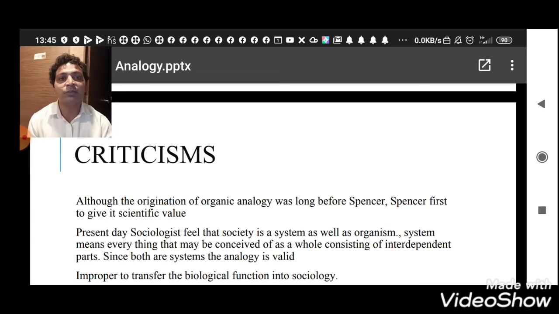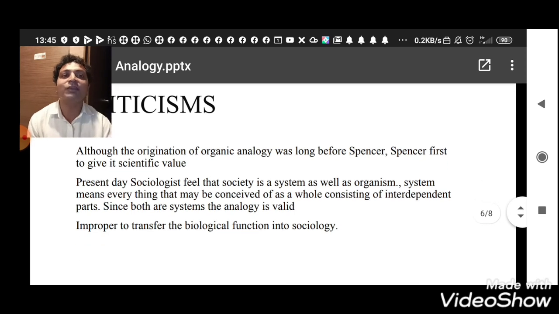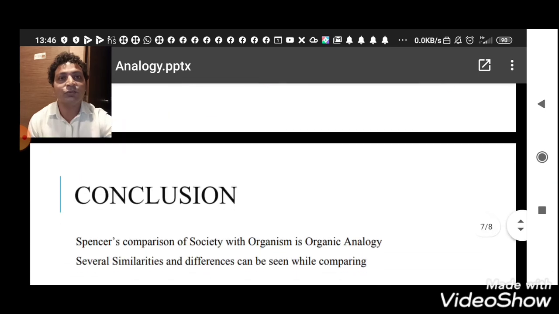Since both are systems, the analogy is valid, but at the same point of time, it is improper to transfer the biological function into sociology. So this is the greater criticism that is coming through, that you can't transfer the different functions that Spencer speaks of the body to that of society directly. And this is the major criticism that he had to face.